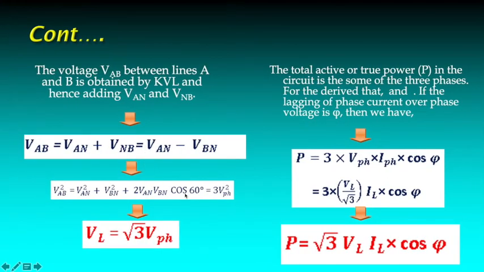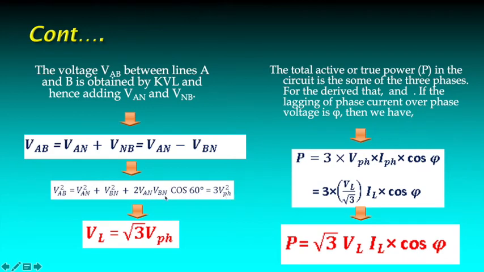From figure 6, using the parallelogram, VAB square equals VAN square plus VBN square plus 2 VAN into VBN, where the angle between VAN and VBN is 60 degree. Then write cos 60 and calculate this value. Then this is 3V square phase.